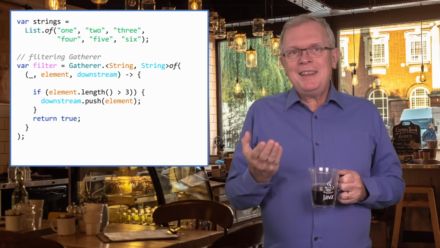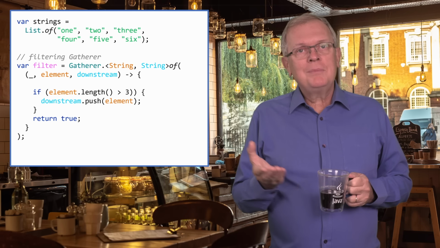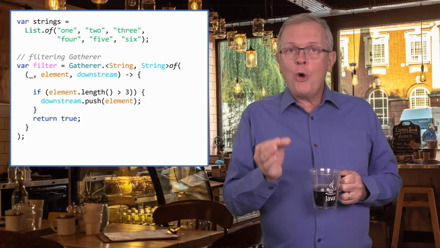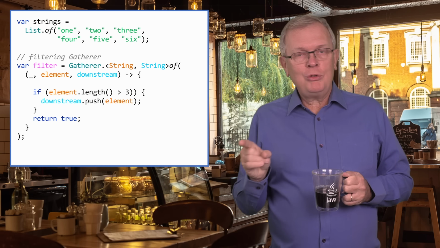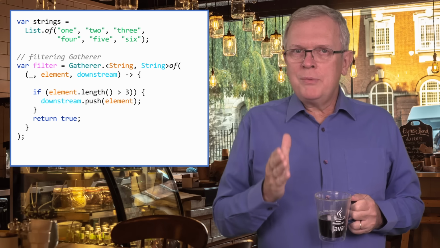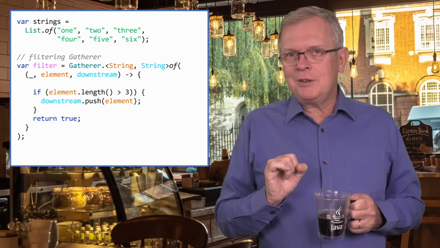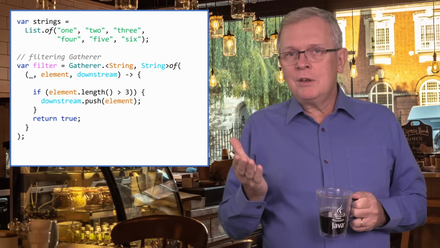And since in the else branch you're not calling downstream.push for this element, now you need to return your own boolean. You cannot rely on what the downstream told you. So just a rule of thumb, when you don't know what to return in an integrator, and it's the case here, you can just return true.